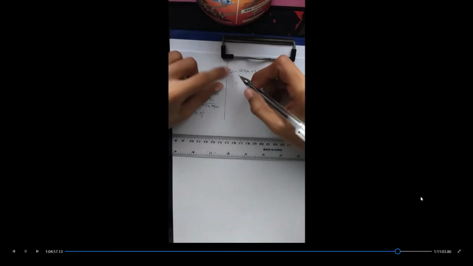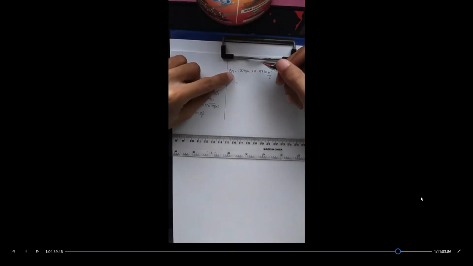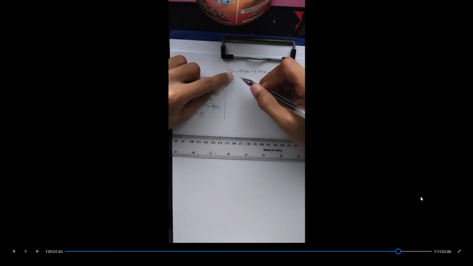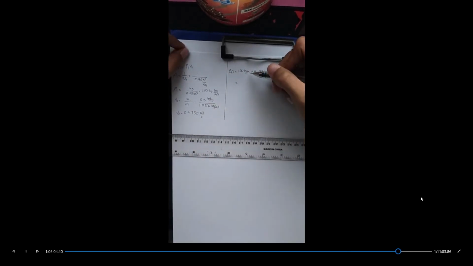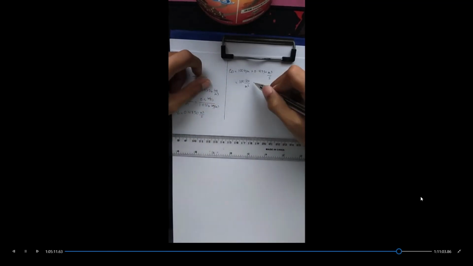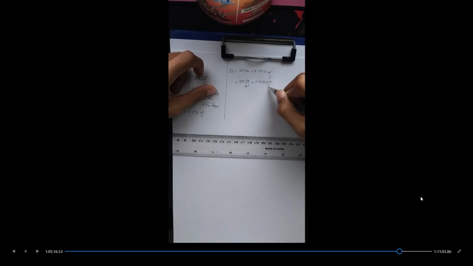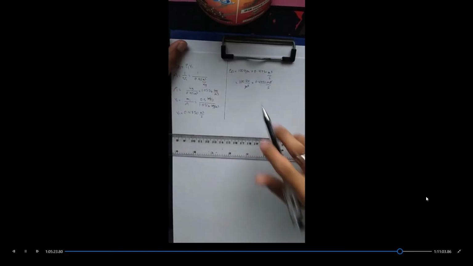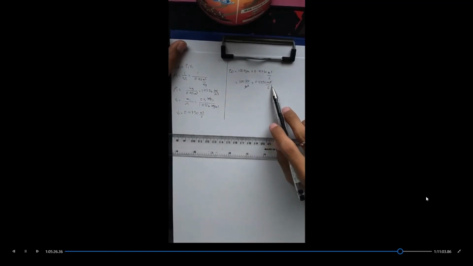If we reduce this to its simpler form, it becomes 100 kilonewtons per meter squared, multiplied by 0.4750 meter cube per second. Cancel meter squared, and we are left with kilonewton meter per second. We know that kilonewton meter is kilojoules, and kilojoules per second is kilowatts.